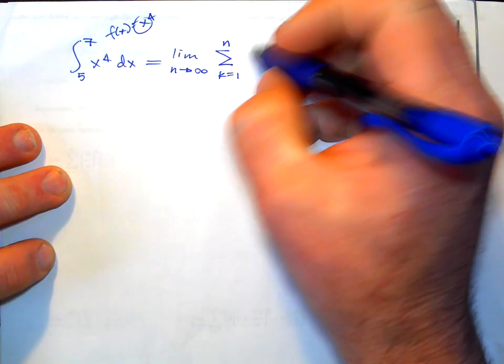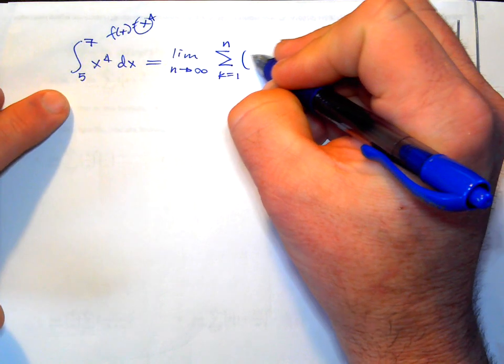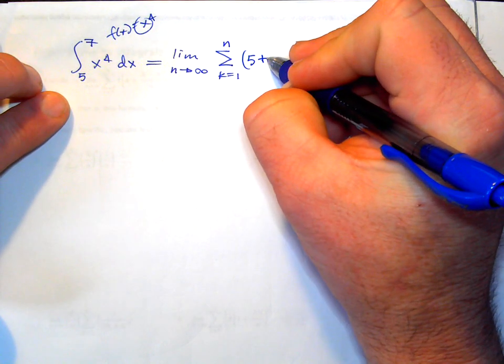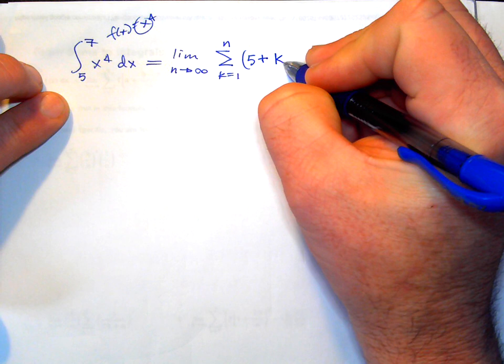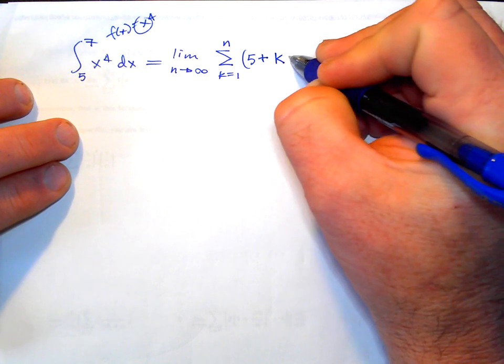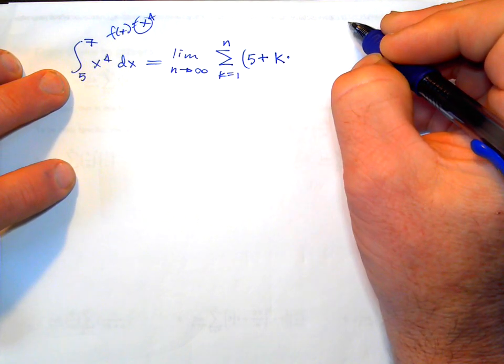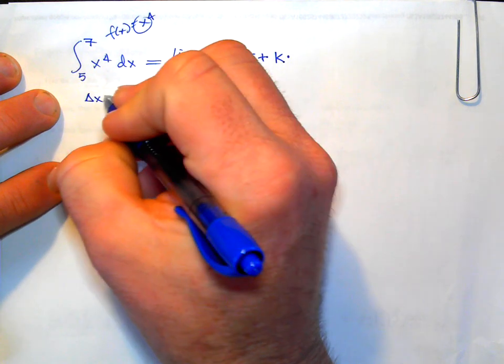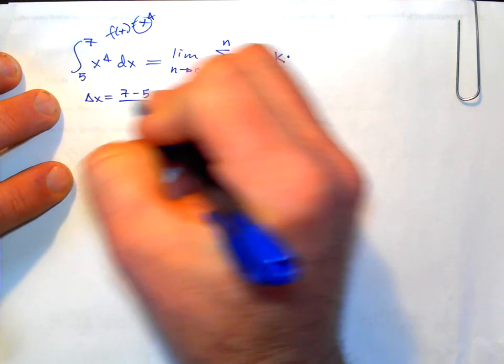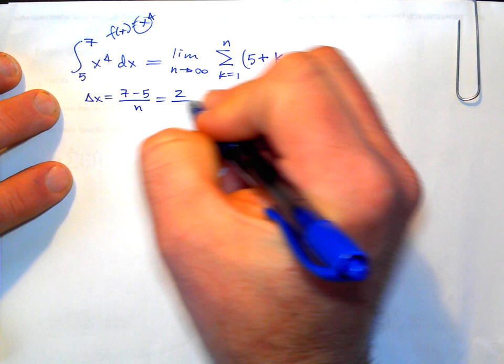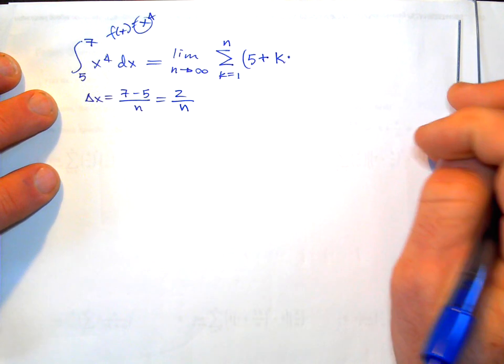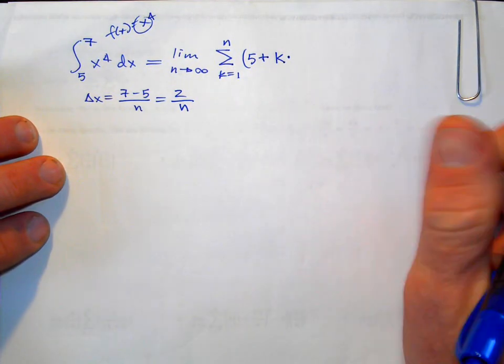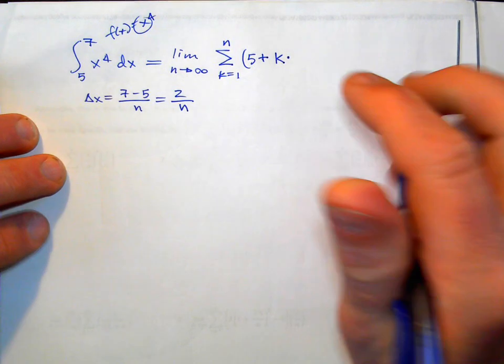So we said that's the lower limit plus the number of slices, k, the kth slice, times delta x. Now, delta x is the upper limit minus the lower limit divided by the number of slices. That's a strategy we could use for regular Riemann sums: how wide is each slice if they're all equal?